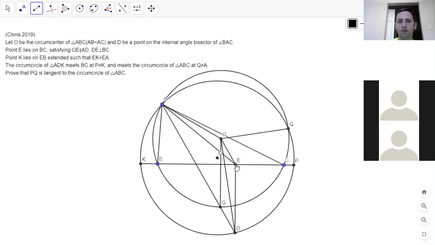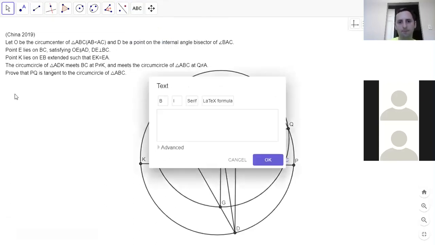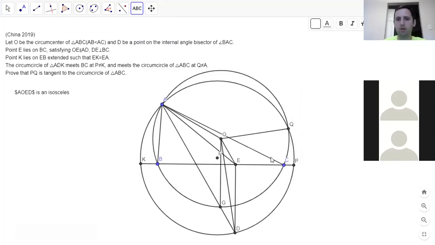So do we have a solution? Does that solve it? I know we're out of time, but I'll just write out a quick summary. So we have AOED is an isosceles trapezoid. Oh, okay.